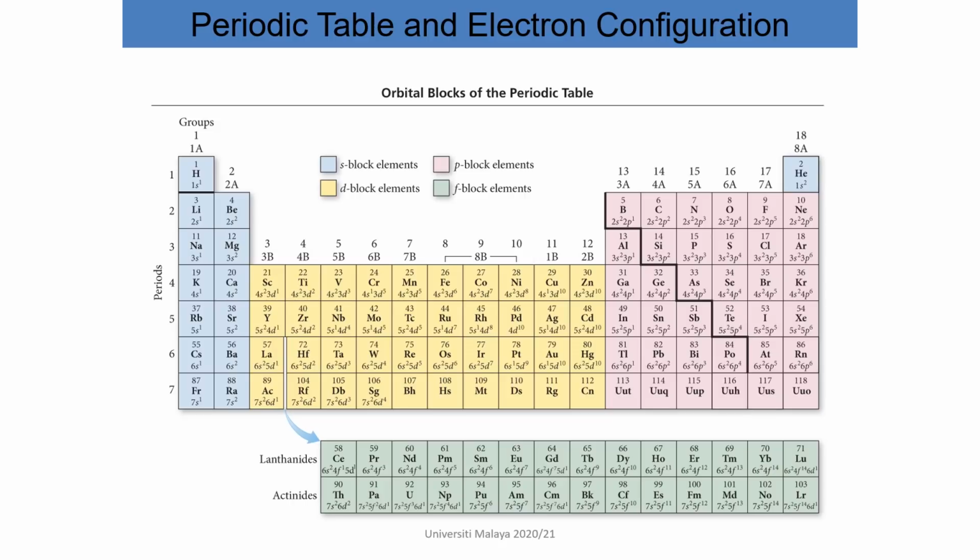There is the s block, colored in blue, consisting of groups 1 and 2. There is the p block, colored in pink, consisting of group 13 up to group 18. And there is the d block elements, colored in yellow, and the green colored elements are the elements of the f block. So what are actually these blocks and what are their characteristics?